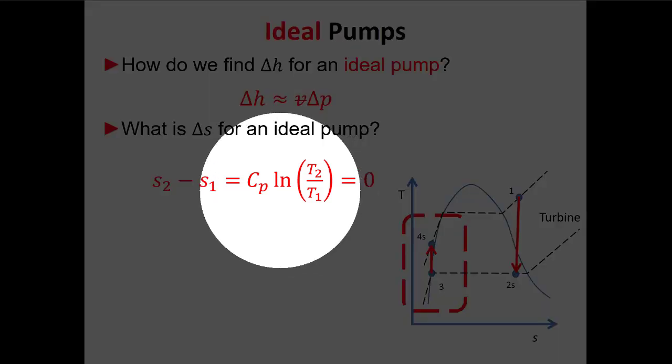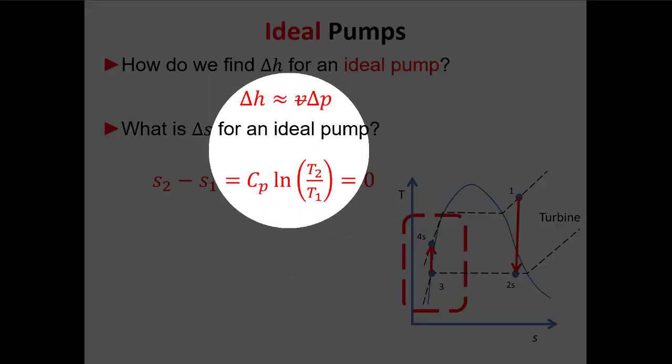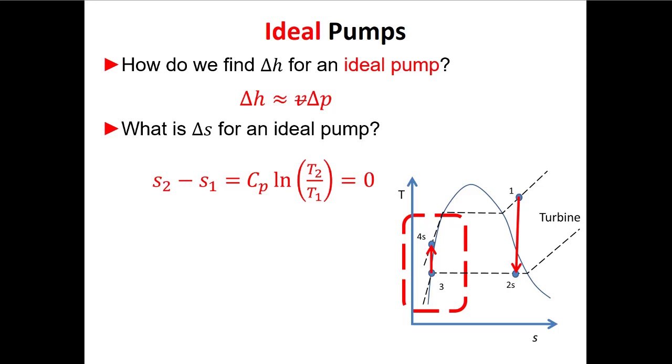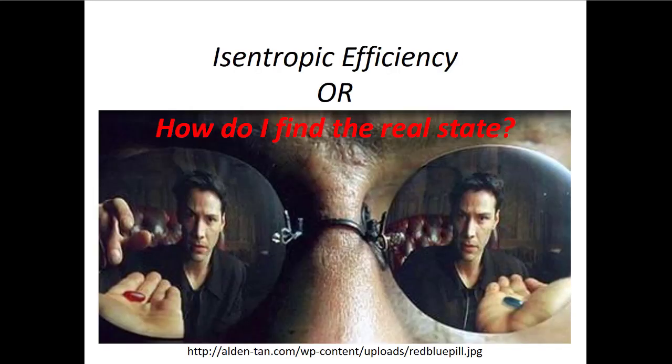So this ideal pump would have 0 change in the specific entropy of the fluid. So it would be an isentropic pump, which in this case is an ideal pump because we've also assumed that the process is at steady state, adiabatic, and has one inlet and one outlet.